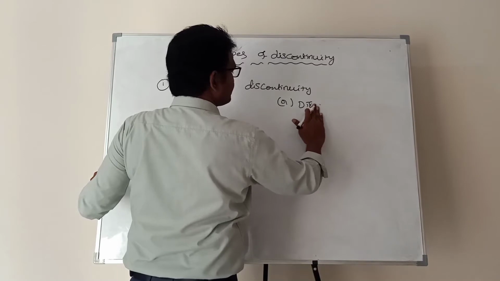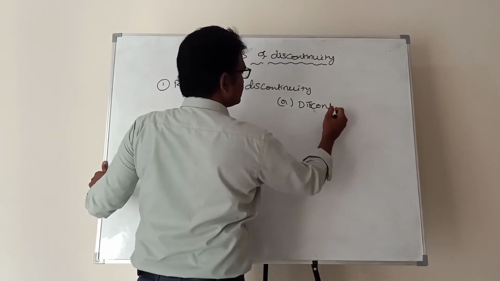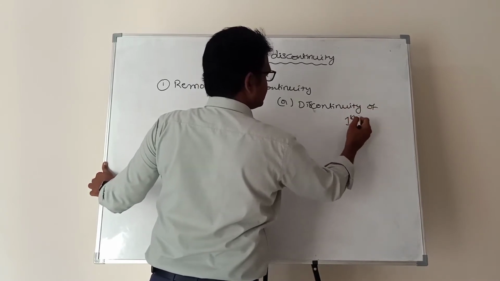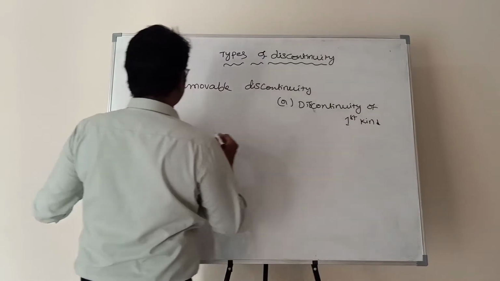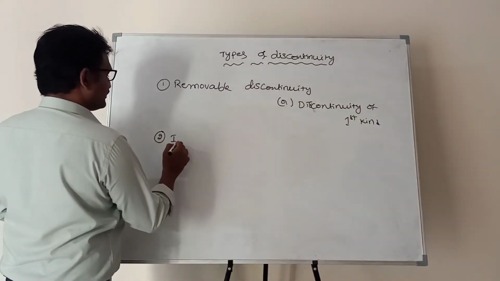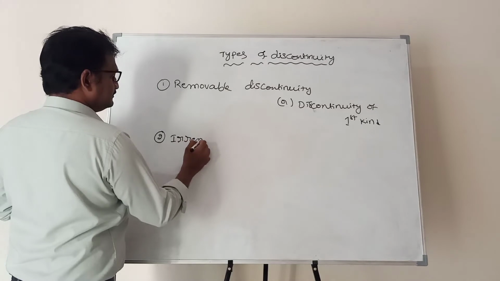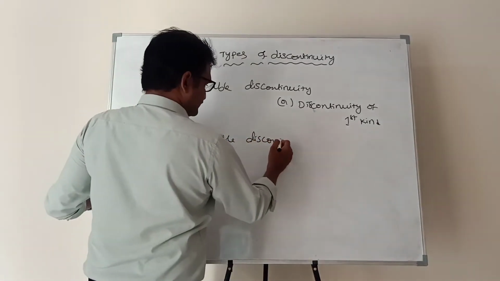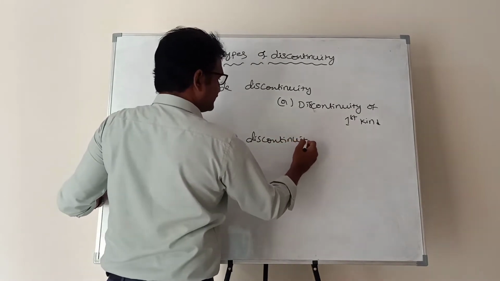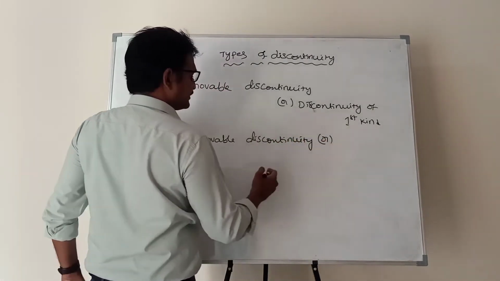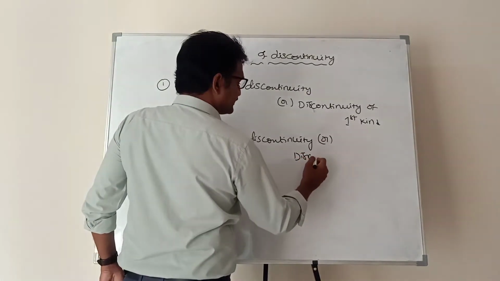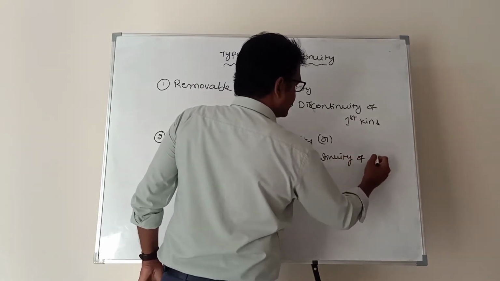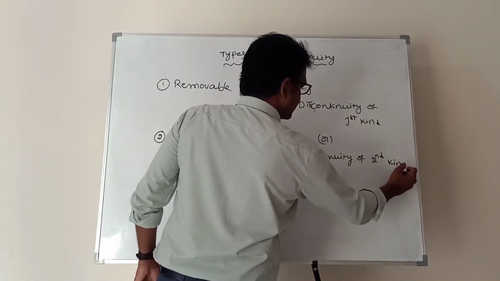Discontinuity of first kind. Second one is irremovable discontinuity, or discontinuity of second kind.